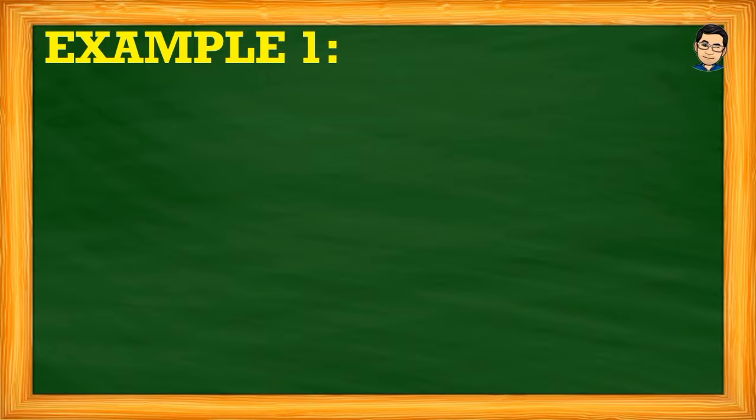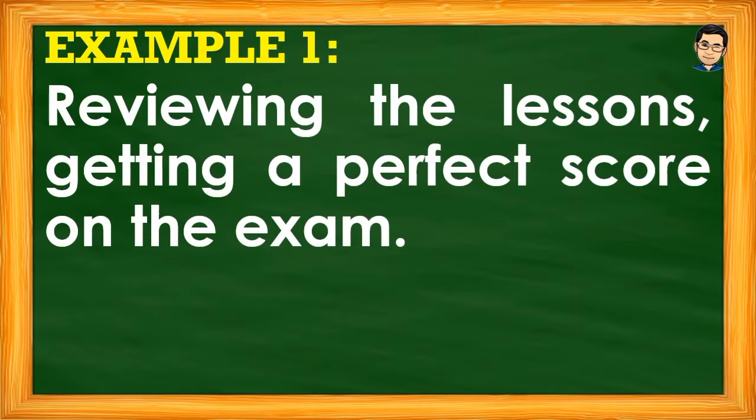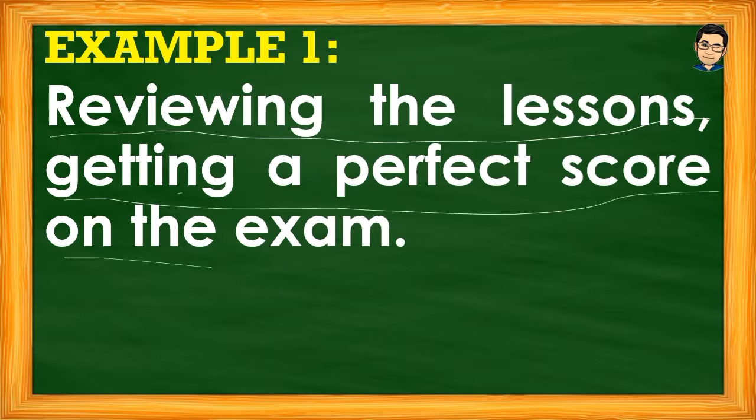So, let's have example number 1. So, reviewing the lessons and then getting a perfect score on the exam. Okay, so yung first event natin dito is reviewing the lessons. And then second event is getting a perfect score on the exam. So yung result pa ng first event natin ay nakaka-apekto sa result ng second event.